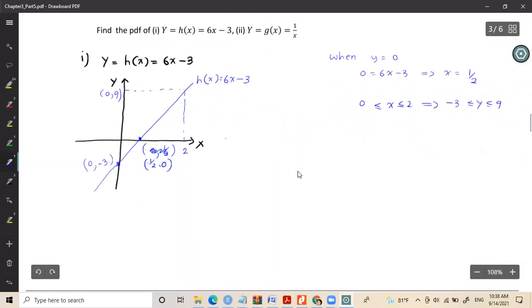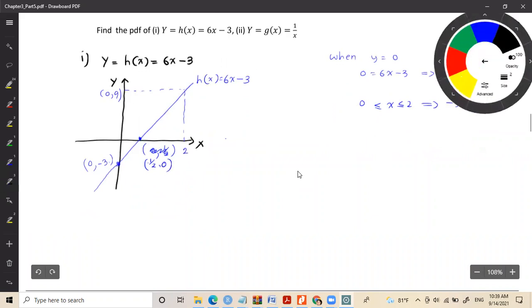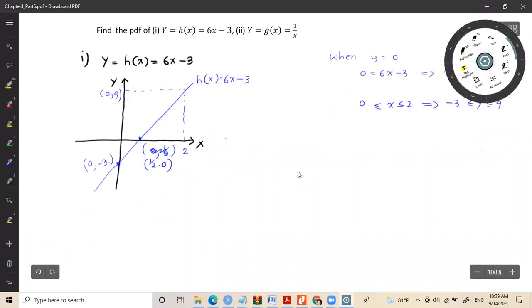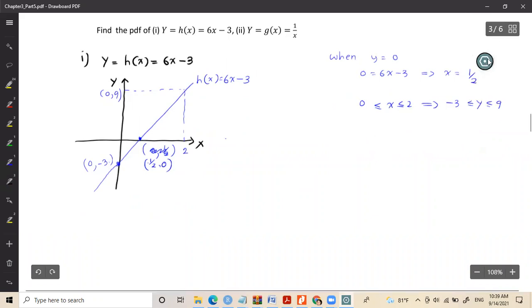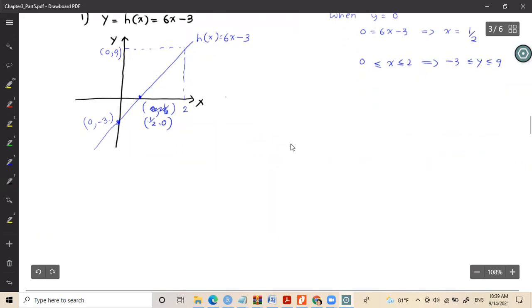Do we have all the conditions satisfied to apply the theorem? So x is from 0 to 2. We found the y, and it is always increasing within the support 0 to 2. So we can apply the theorem.